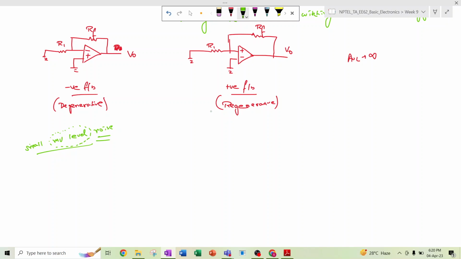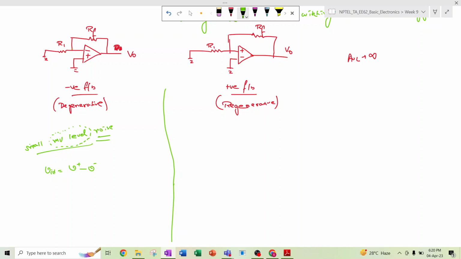Okay, so what is happening in both the cases I am discussing one by one. See, here what is the input difference? Input difference is nothing but V plus minus V minus, right?